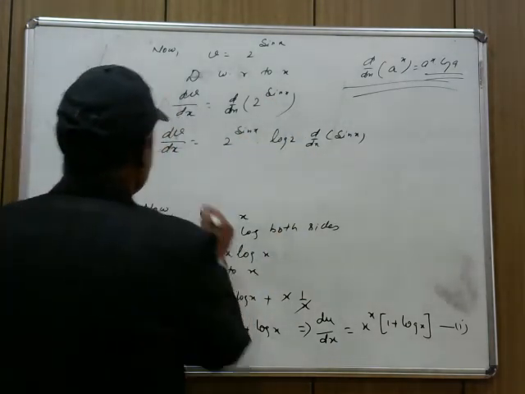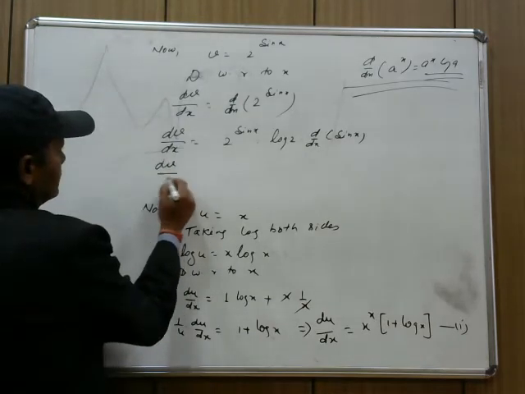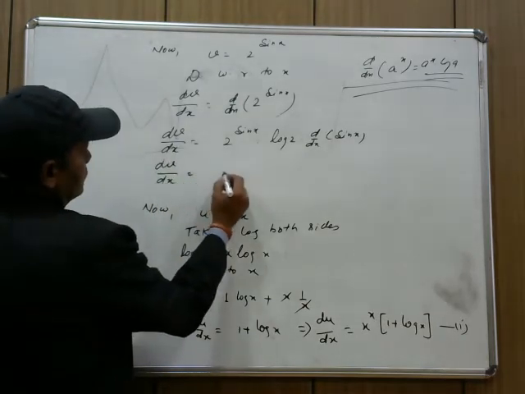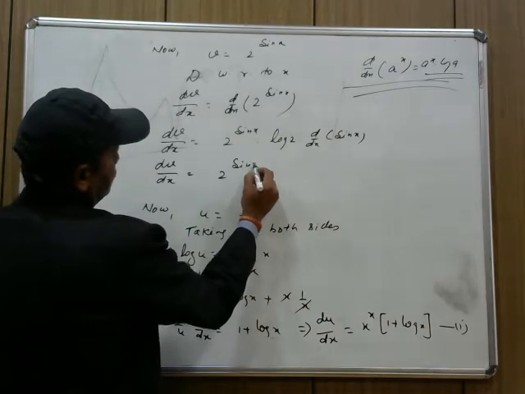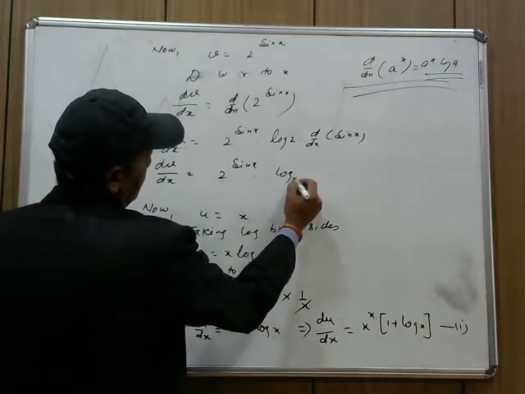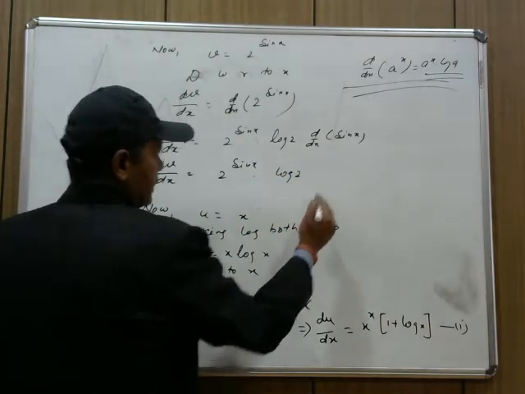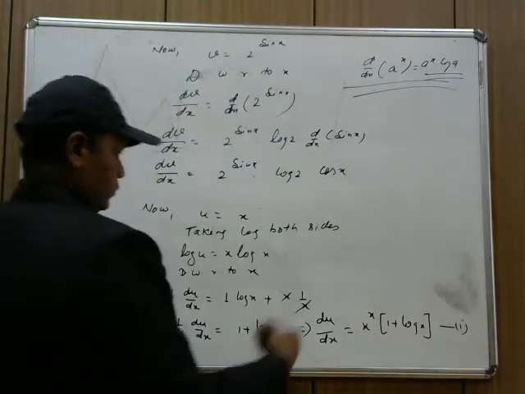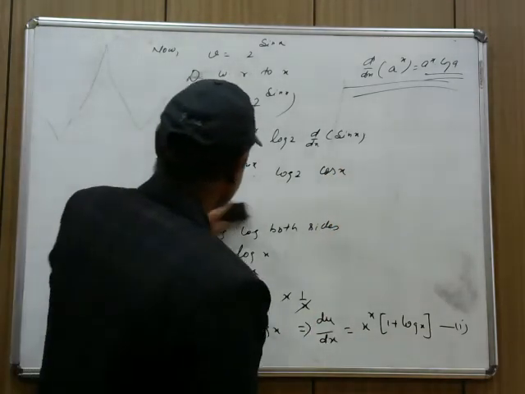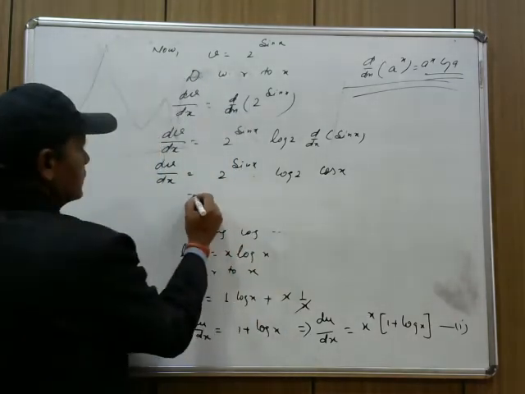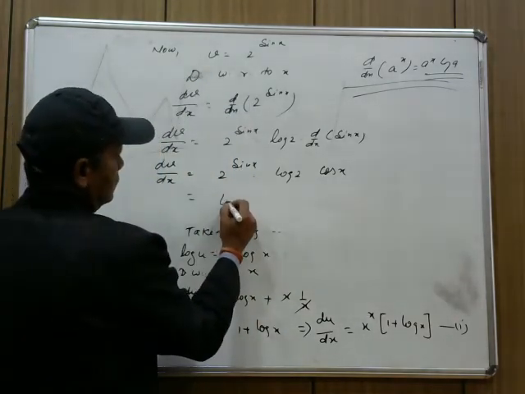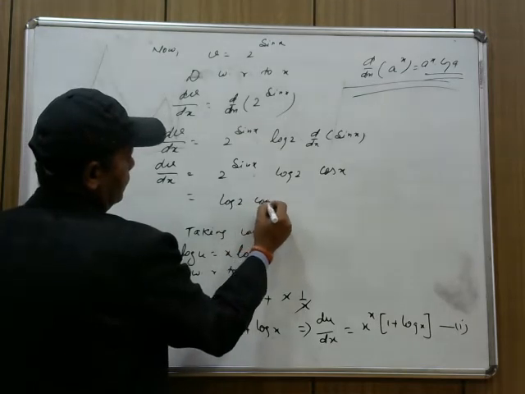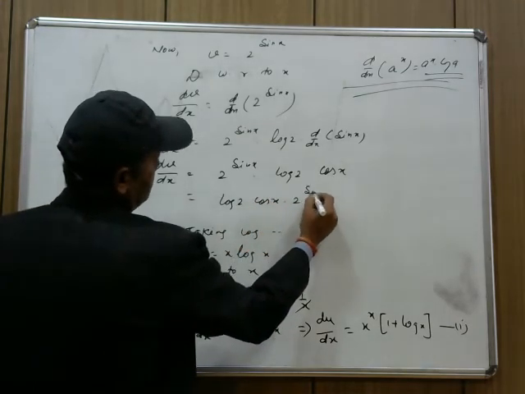Therefore we get dv by dx is equal to 2 to the power sin x into log 2 into the differentiation of sin x, which is cos x. Simply we can write this as log 2 into cos x into 2 to the power sin x.